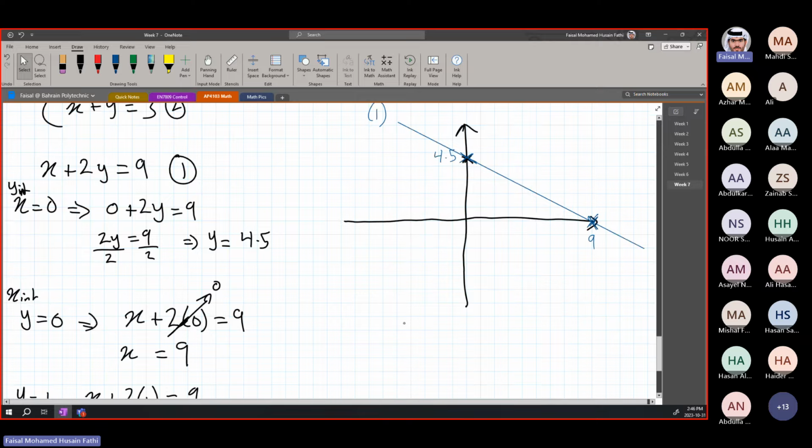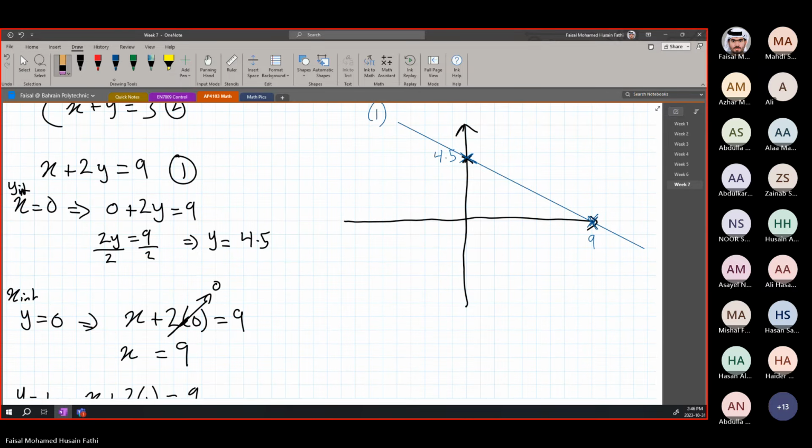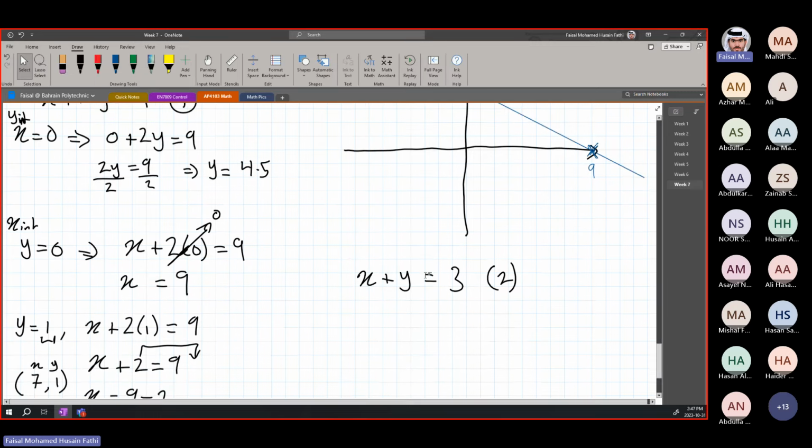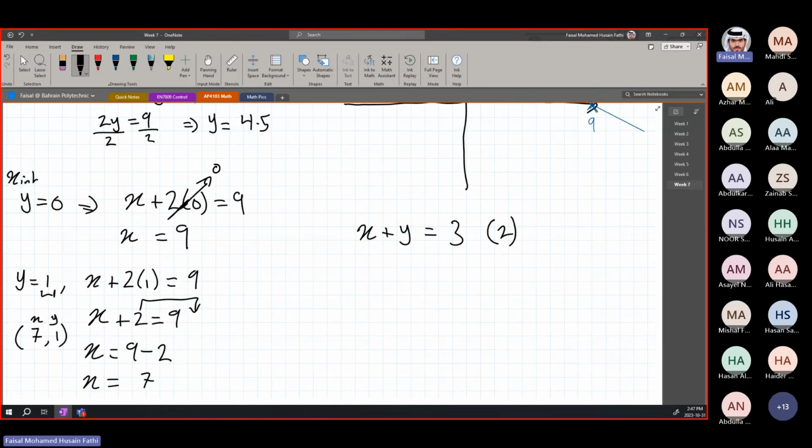So it's x plus y is equal to 3, which is equation 2. This one is very simple, very easy to solve. Because we find the intercepts. X-intercept means y equals 0, or you can start with the y-intercept.